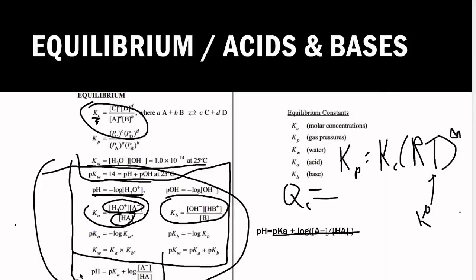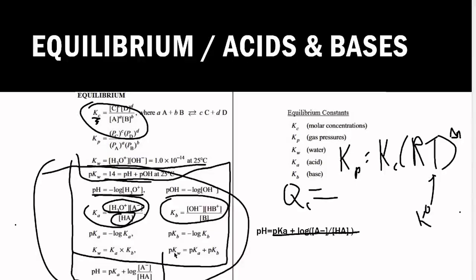And this equation down here is very strange. No, actually, first of all, it's like a balance. You know how we know Kw is equal to H3O plus times OH minus. It's basically just that again.